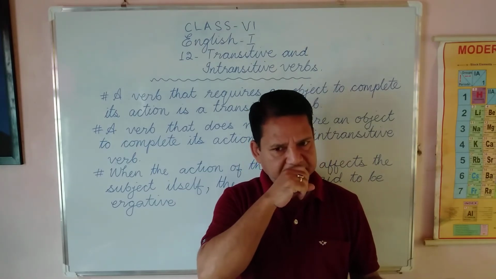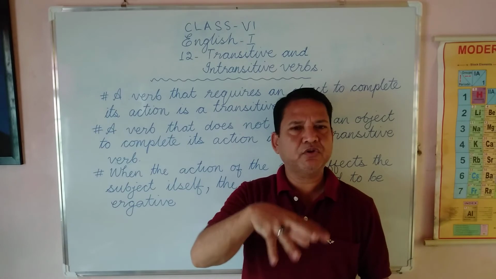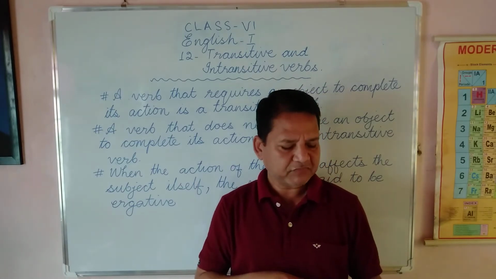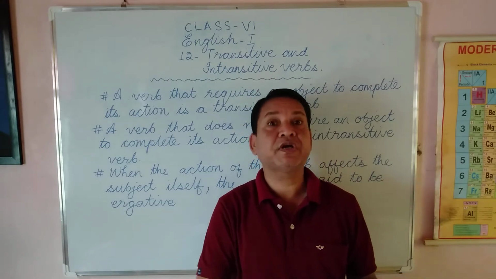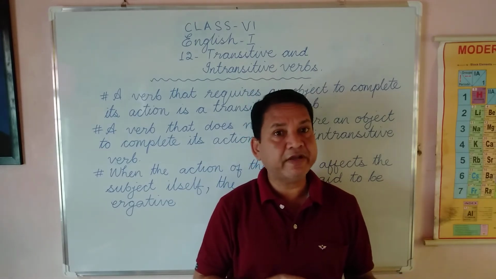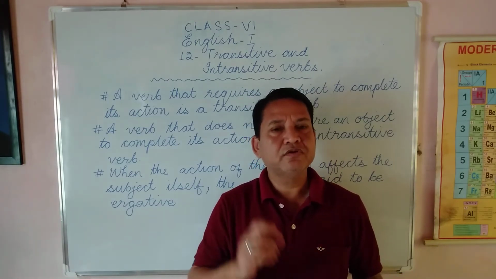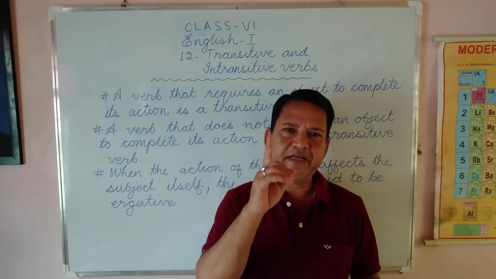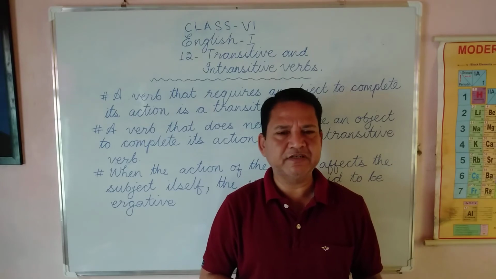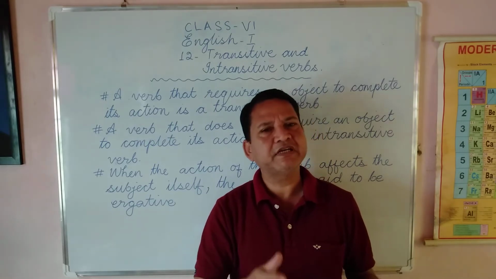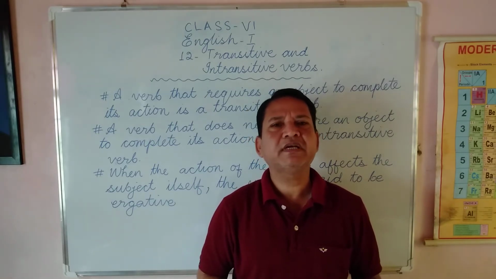Okay, about whom or about what we are talking is called the subject. Then you have to write whether it is transitive or intransitive. Now how to find transitive or intransitive? You find the objects. If there is an object in the sentence, it is transitive. If there is no object in the sentence, it is called intransitive.